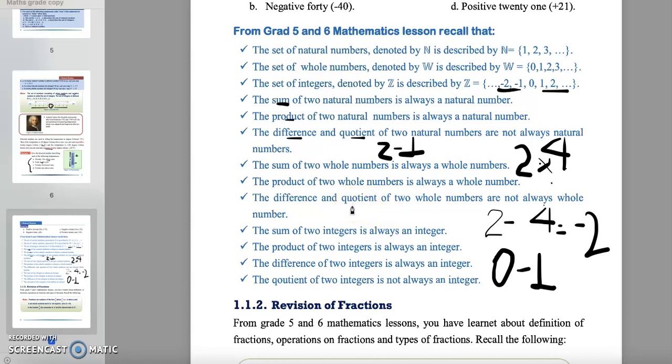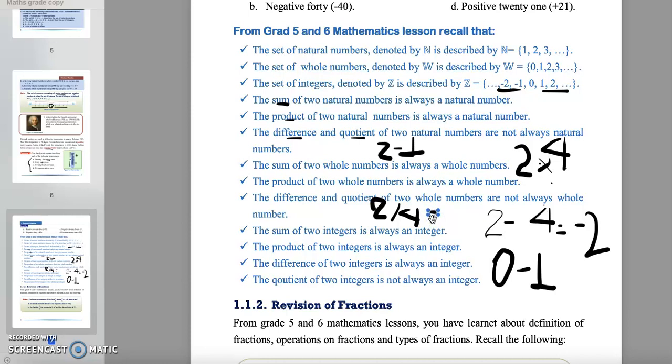We can take two whole numbers, let's take 2 and 4. So 2 divided by 4 is a decimal number, right? The answer is going to be 0.5.